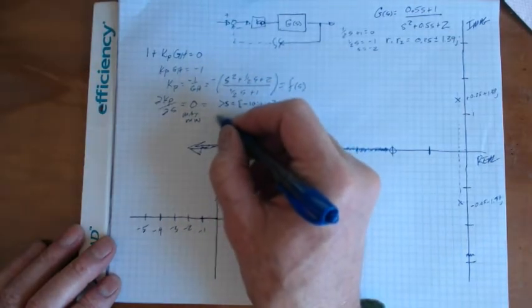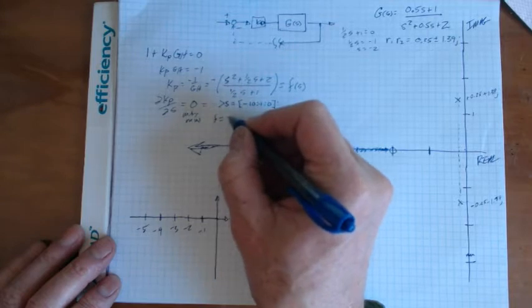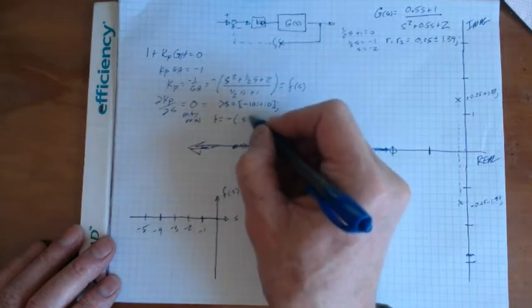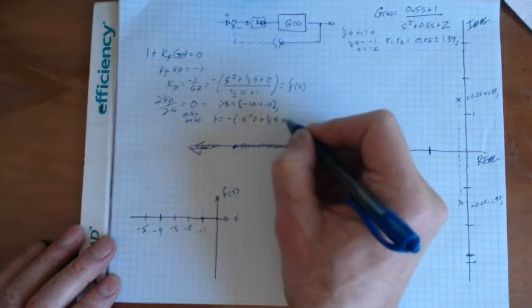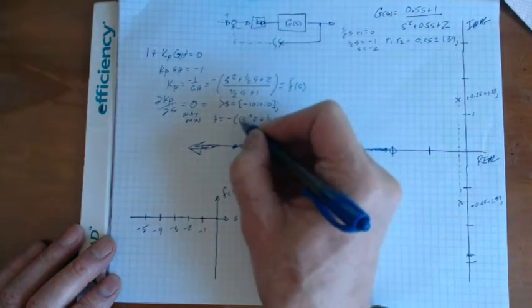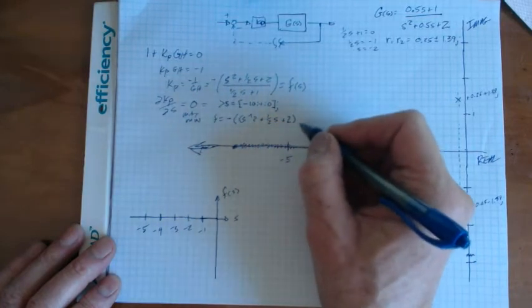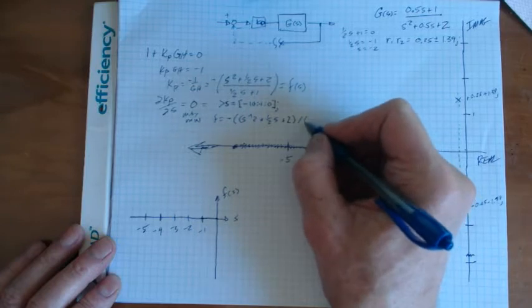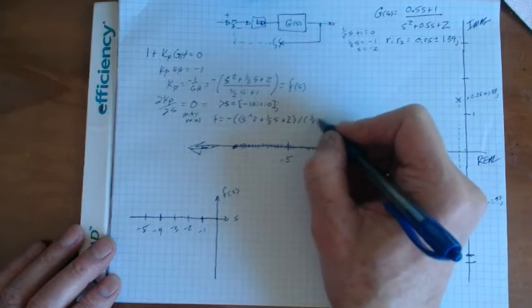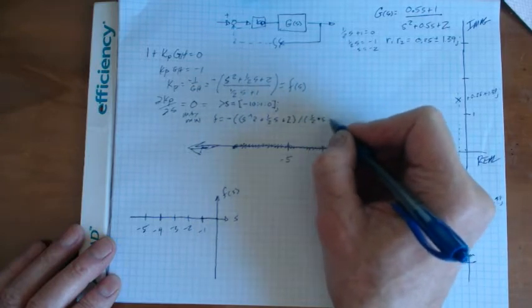It would be f equals minus, begin parentheses, s squared plus 1/2 s plus 2, divided by, begin parentheses, 1/2 times s plus 1.